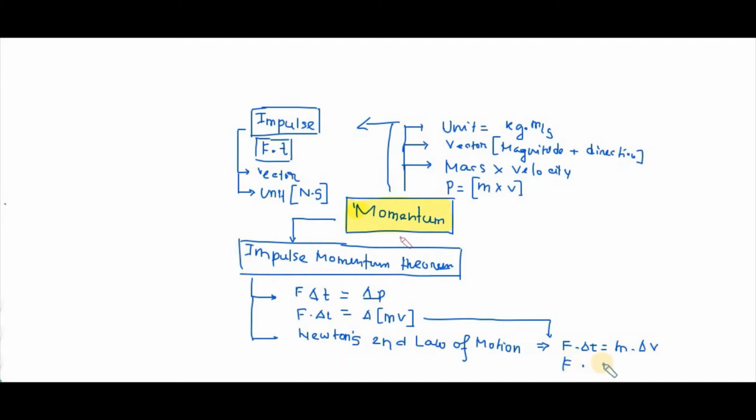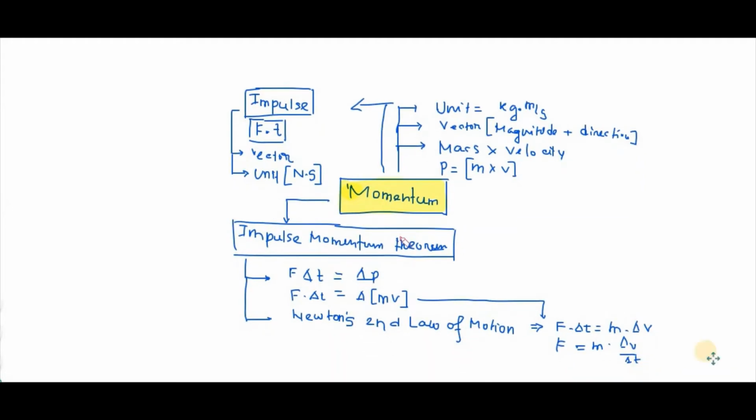From there we can say that force equals mass times delta v upon delta t, which is the product of mass and acceleration. Delta v upon delta t represents the change in velocity per unit time, known as acceleration, as stated in Newton's second law of motion.